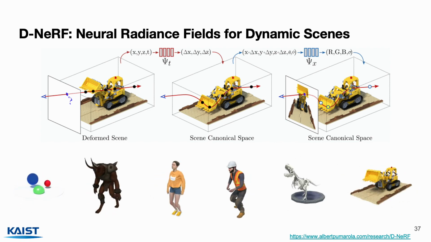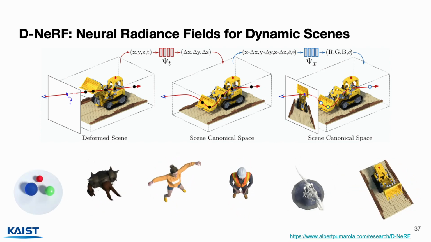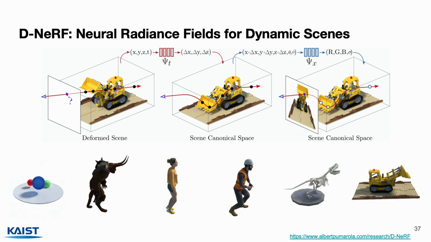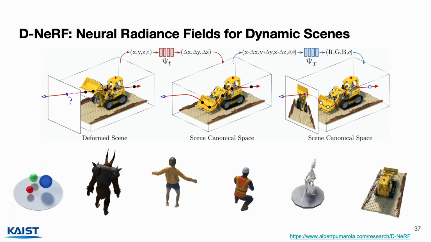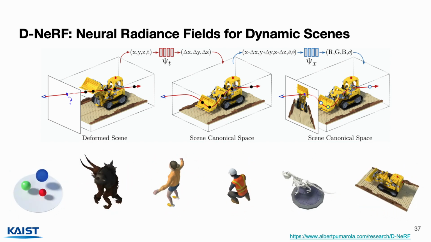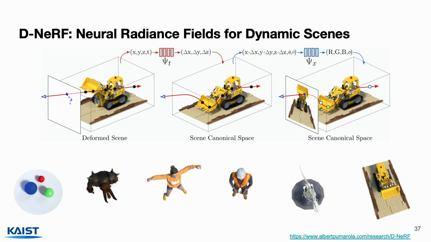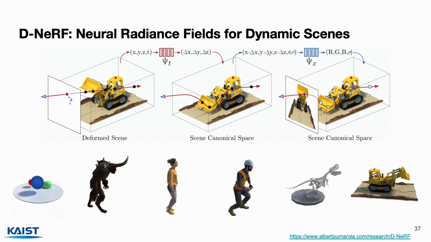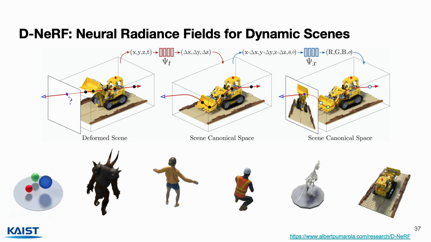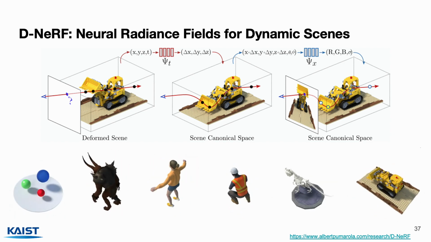Dynamic NeRF, or D-NeRF, is a primary model which utilizes a deformation network, and it actually works very well on synthetic datasets or small objects, but it does not perform well on in-the-wild datasets, where we usually capture monocular video or real-world scenes.